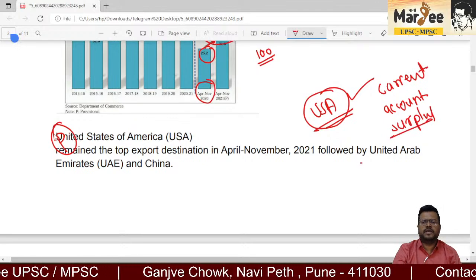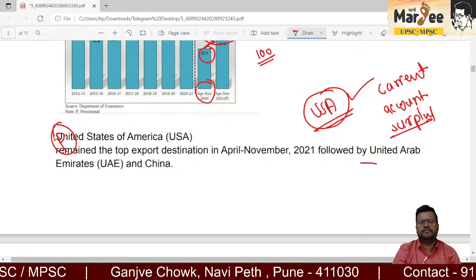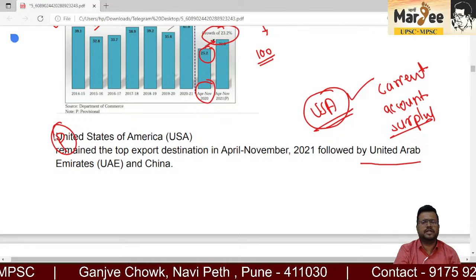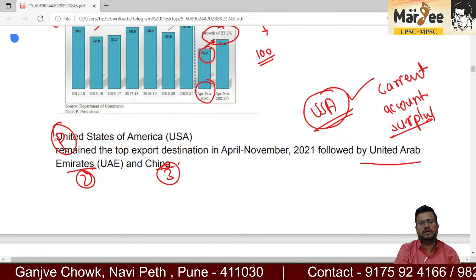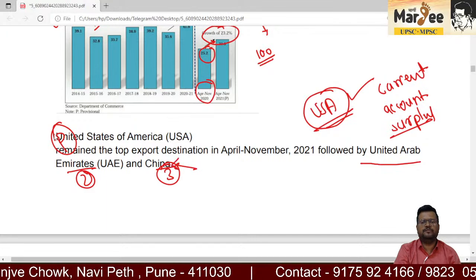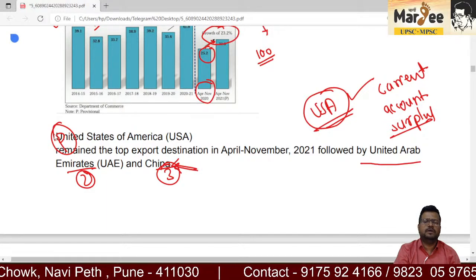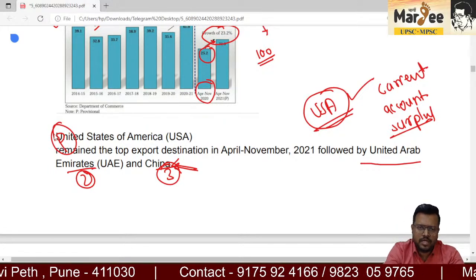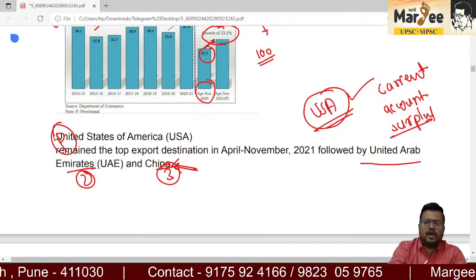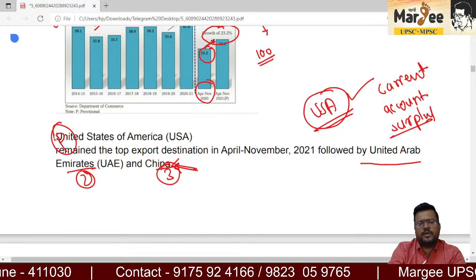After USA, we are having second export destination as UAE, and third is China. Many people may get confused or mark it wrong because असं परसेप्शन आहे की आपण चायनाकडून फक्त इम्पोर्टच जास्त करतो, but comparatively we are also exporting some items to China.